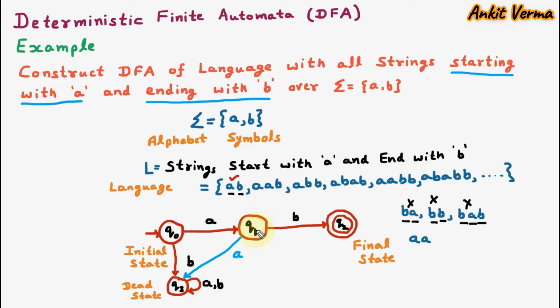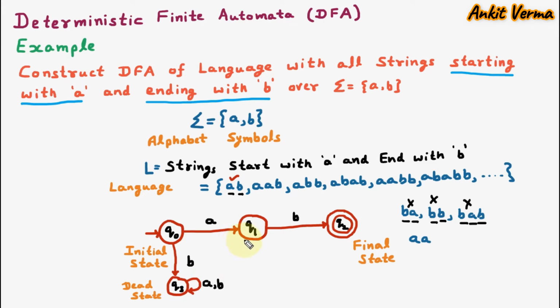Then for the next A, from Q1 we go to Q3. And for the B, from Q3 we go back to Q3. After scanning the complete string, we are on Q3, which is not a final state, so this string will be rejected. This is wrong because this string is part of the language and the DFA is rejecting it. So we should try some other option.